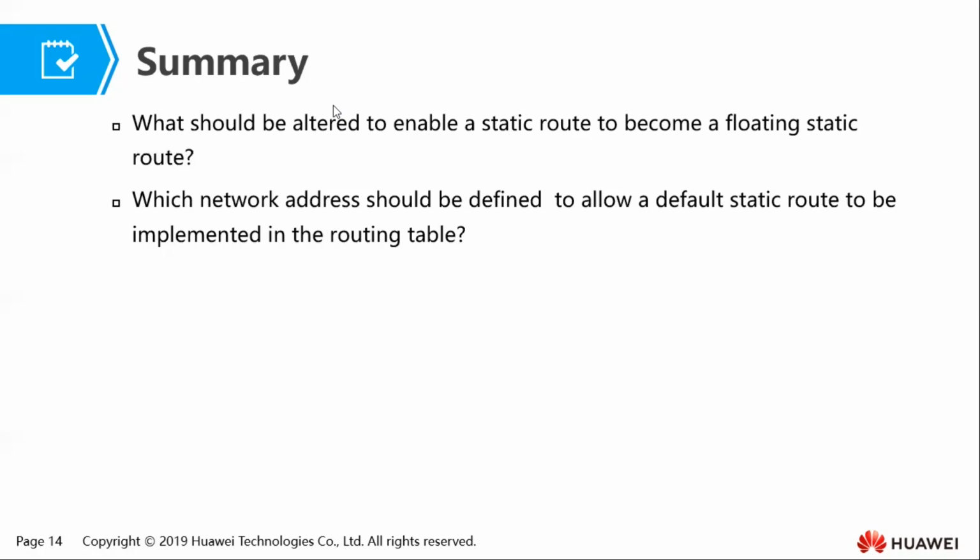What should be altered to enable a static route to become a floating static route? I think it has something to do with adjusting the preference value? I don't remember quite well.